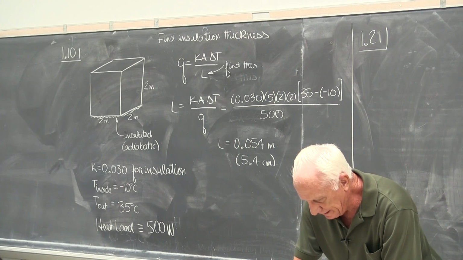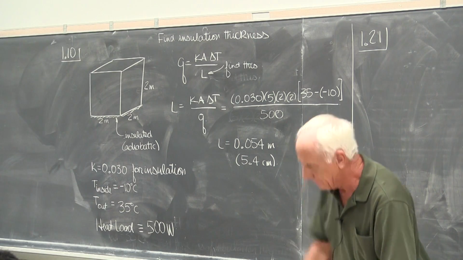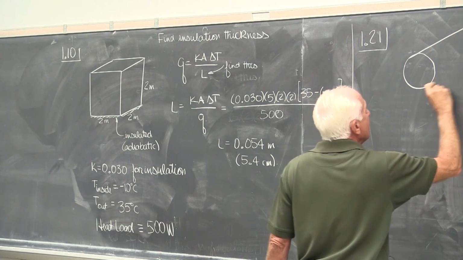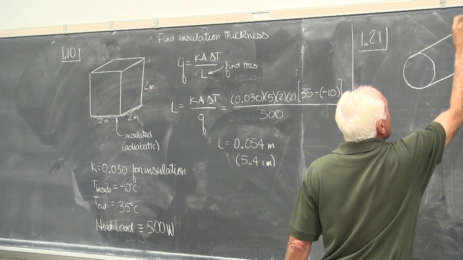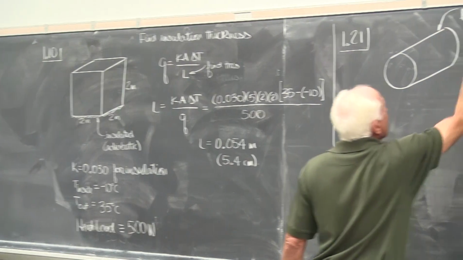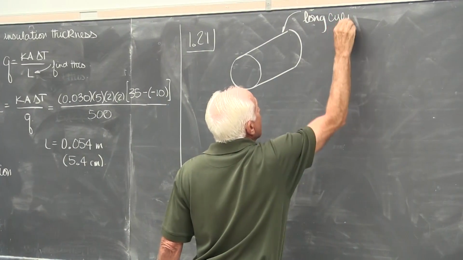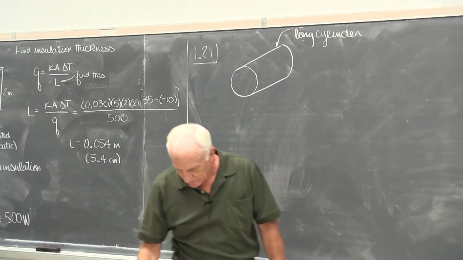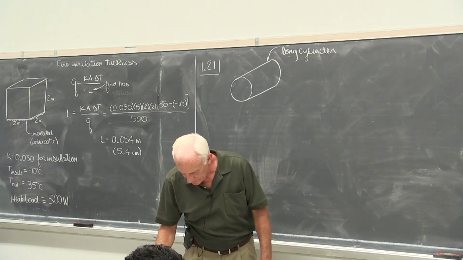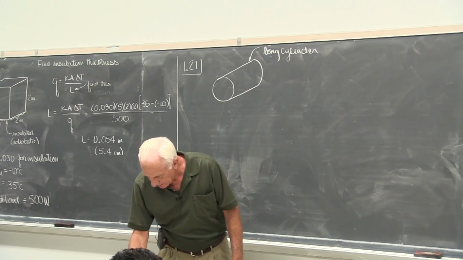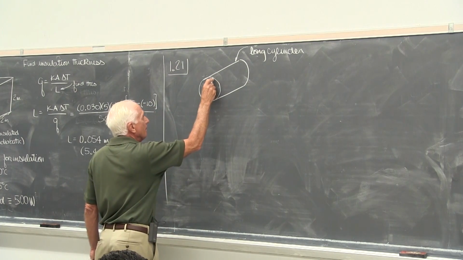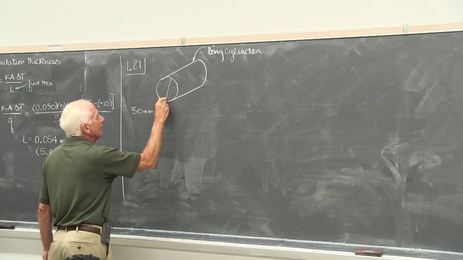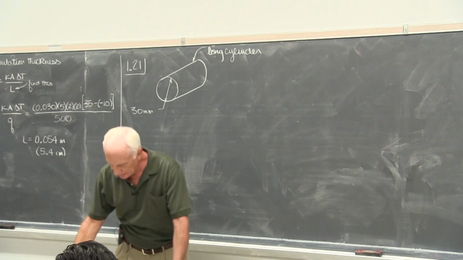An electric resistance heater is embedded in a long cylinder, 30 millimeters in diameter.